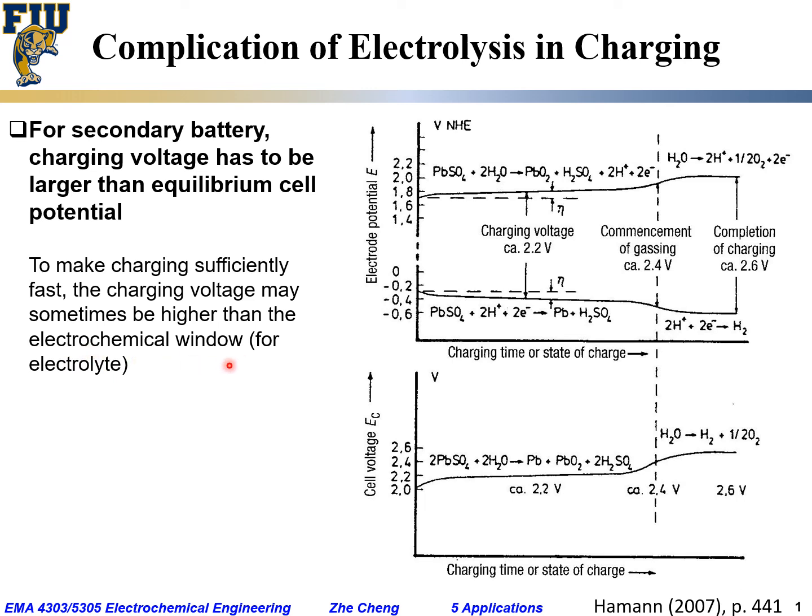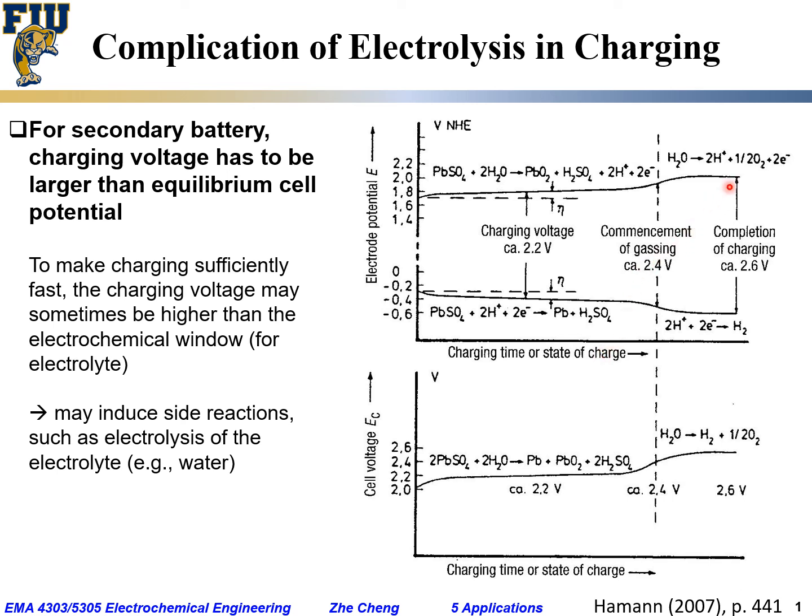For example, electrolysis of the electrolyte, and in this process we would have a gassing issue, a side reaction introduced due to the excessive overpotential applied compared with the equilibrium for the electrolyte such as water.